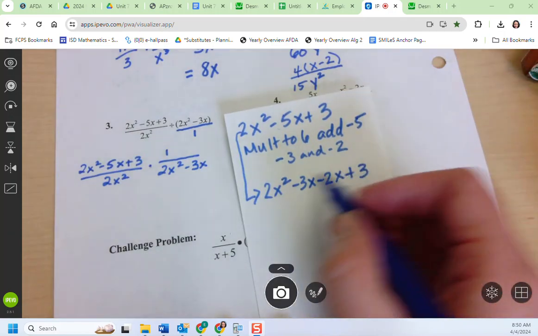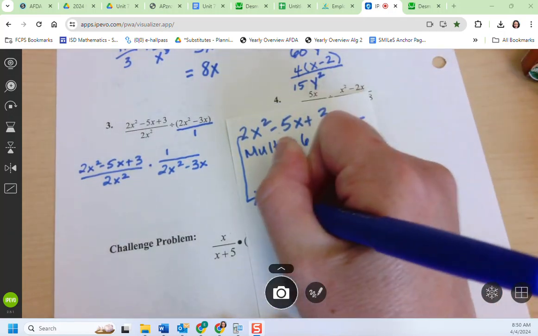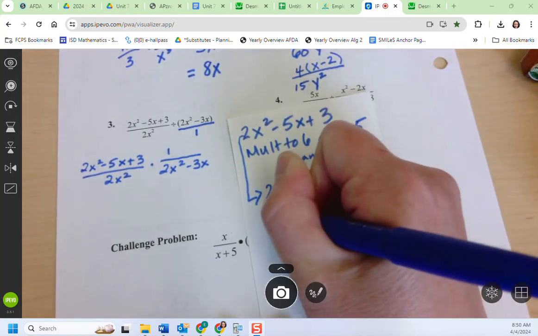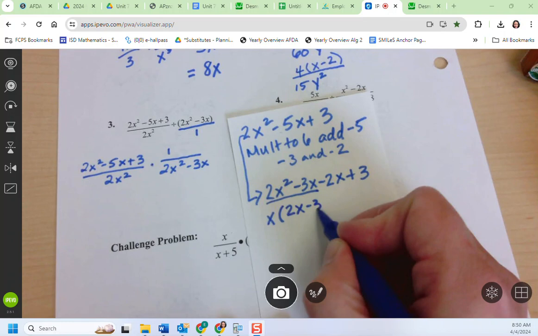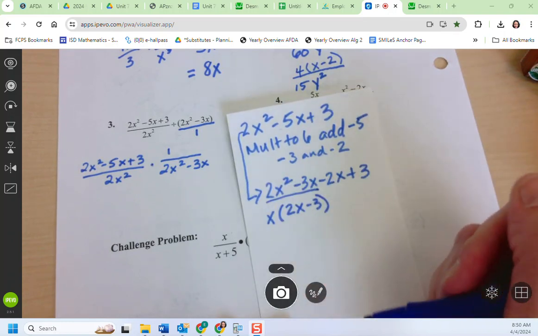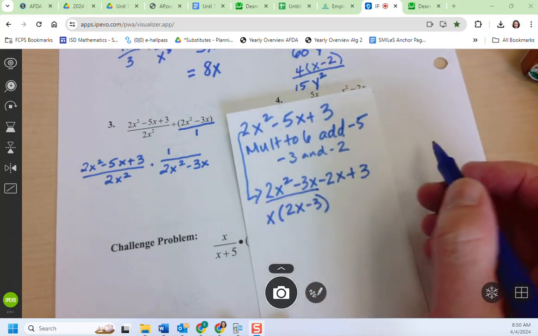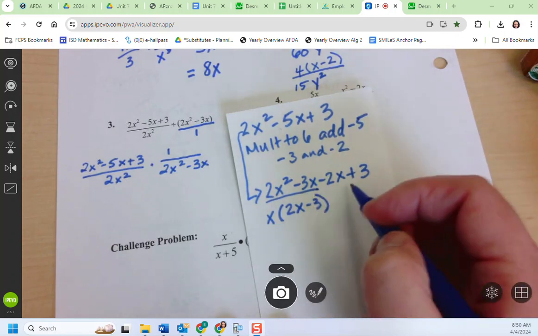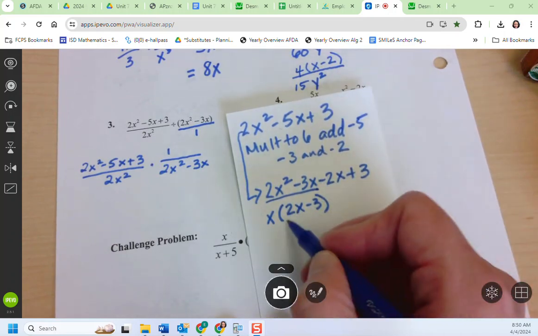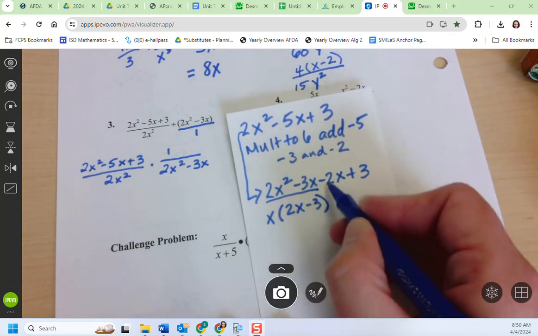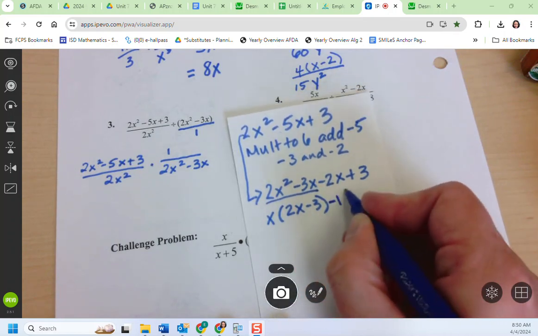All right. From the first two, we can factor out a common factor of x. From the second two, it looks like they have nothing in common, and it's really kind of true, but I do want this to match up to be a 2x minus 3, so I'm going to factor out a negative 1.